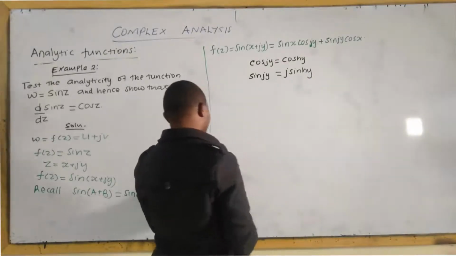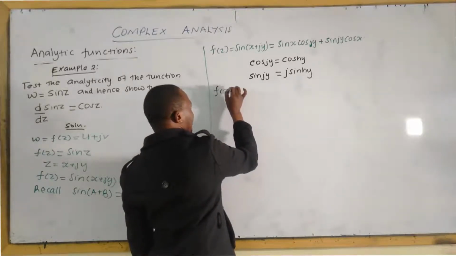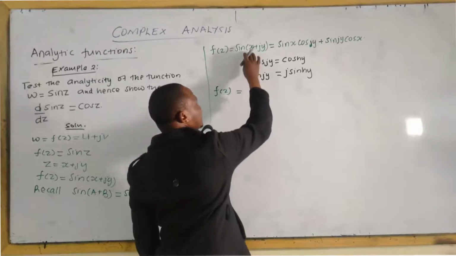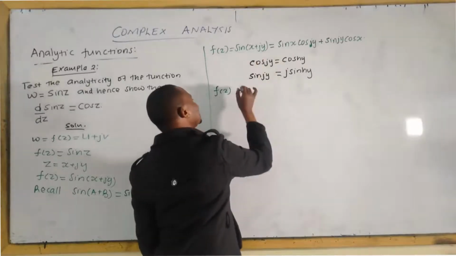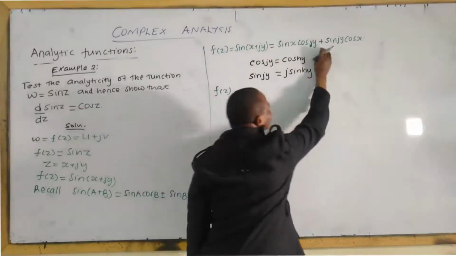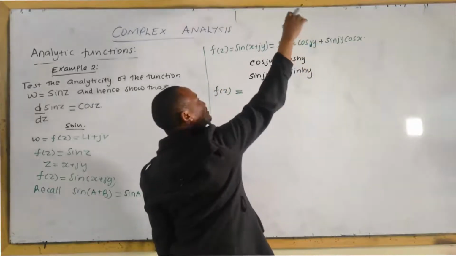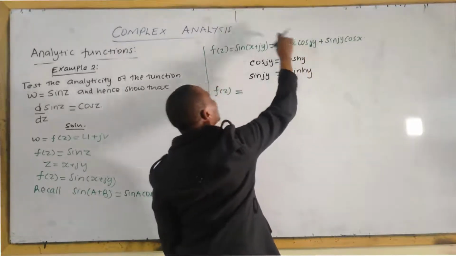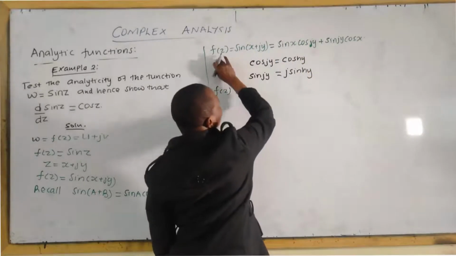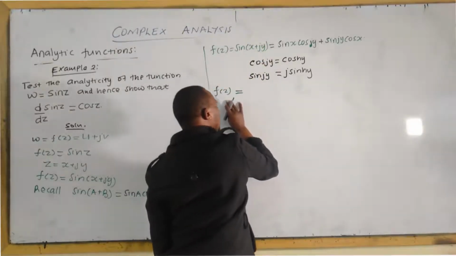Now we can say function of z is equal to, let me skip this one. This one I don't like, but instead I like this one. Because the three of them are equal, I have the liberty to equate this one and this one. I remove this one. Function of z is equal to what?